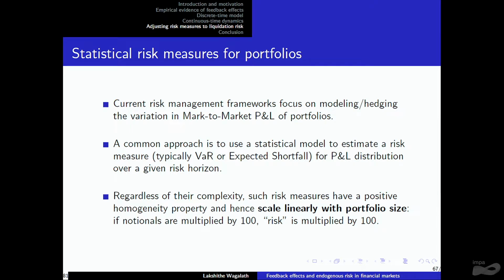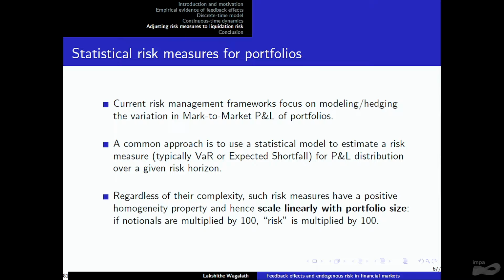To put it simply, if you multiply the size of a portfolio by 100, the risk is multiplied by 100. This is how they're built. But intuitively, if my portfolio is of size 100 million and has a value at risk of 2 million, and I multiply my portfolio by 10, so that it's now 1 billion, no one would expect my value at risk to be 20 million.